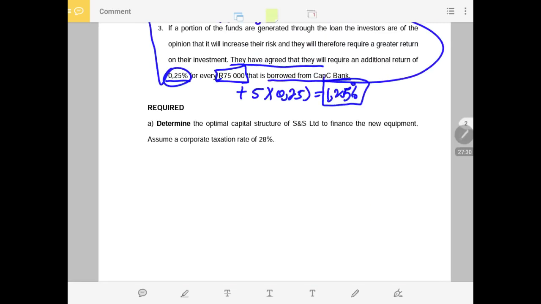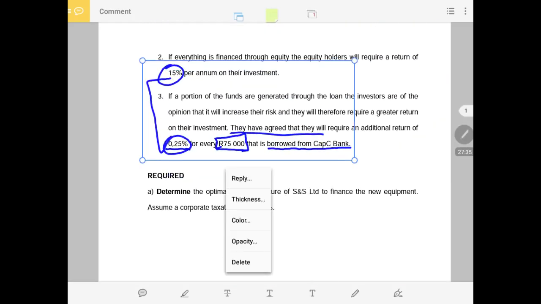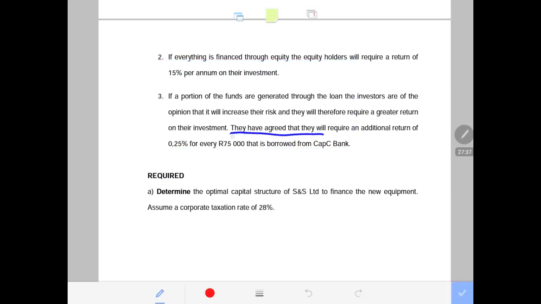I just want to emphasize the working that I've just done. Remember, I said they have agreed that they will require an additional return of 0.25% for every 75,000 rands that is taken from the bank.